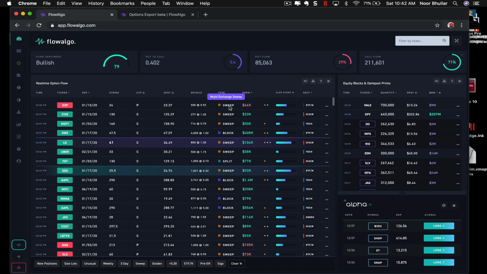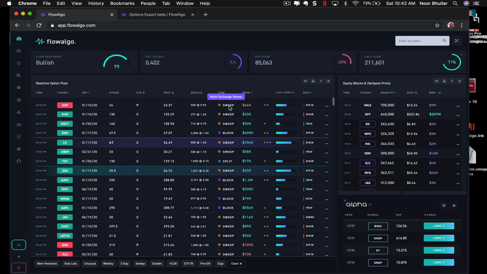So a sweep happens when people are buying these options, and they're sweeping across multiple exchanges. If my understanding is correct, there are 16 exchanges in the US. So there are times when they're sweeping on more than one exchange to get their quota filled, right?